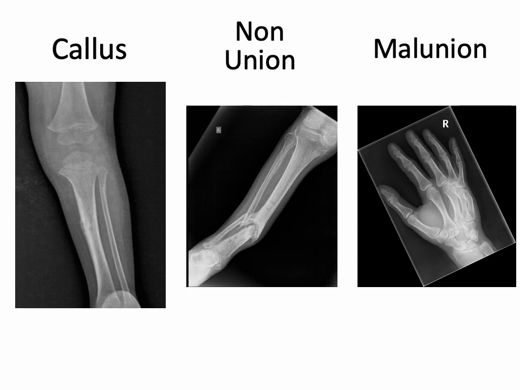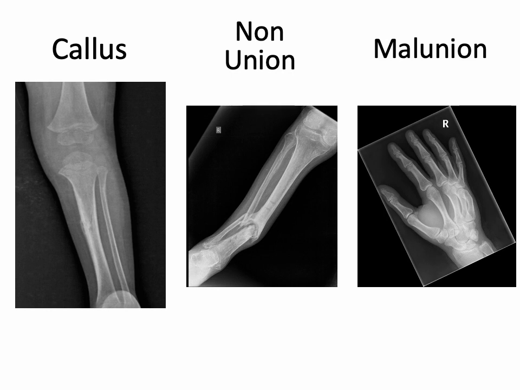So on the left we can see this is a green stick fracture of the tibia. You can see it's a paediatric patient. You can start to see that there's cortex beginning to form, the callus that's beginning to form around the fracture site here.